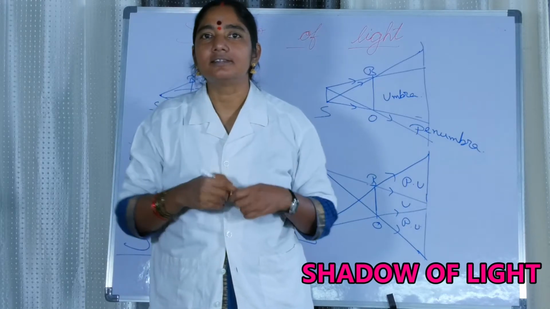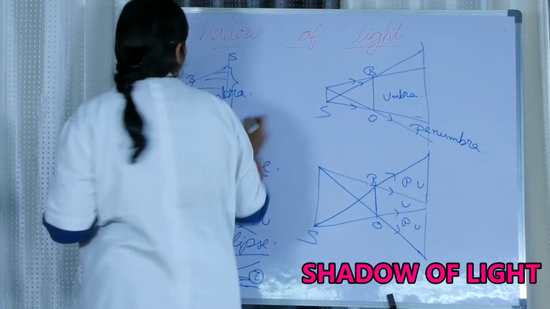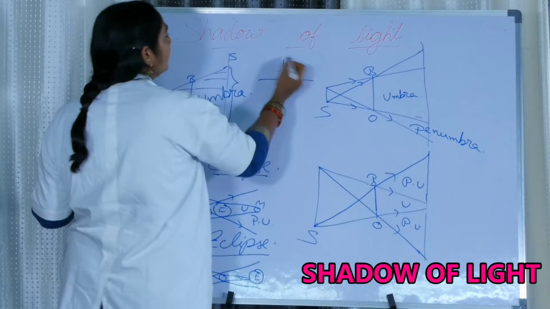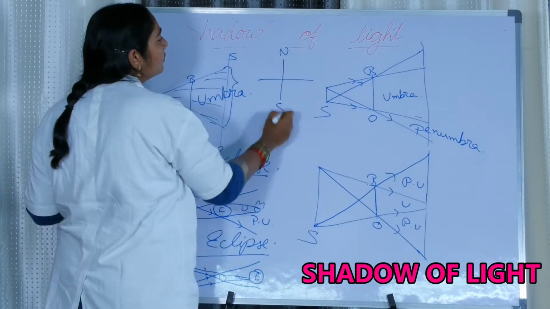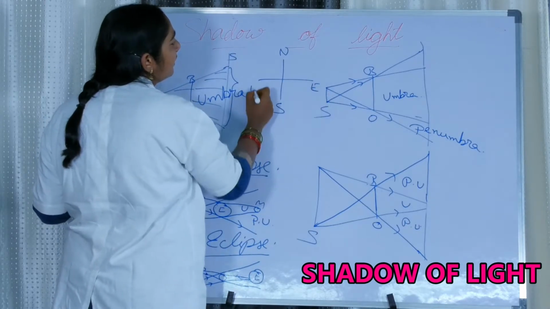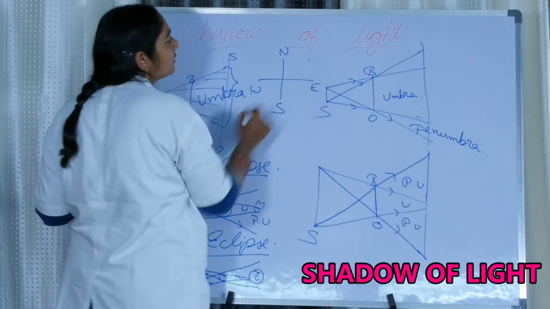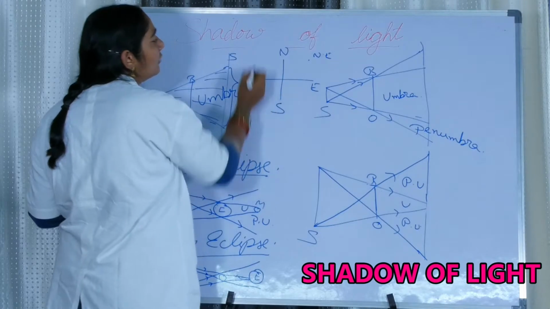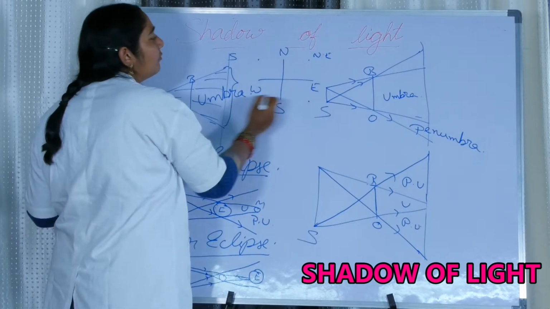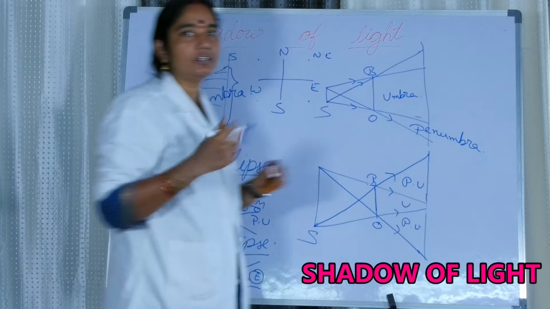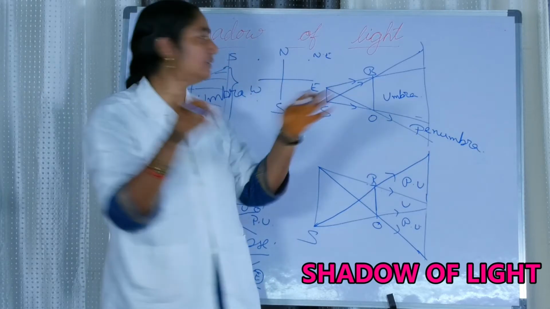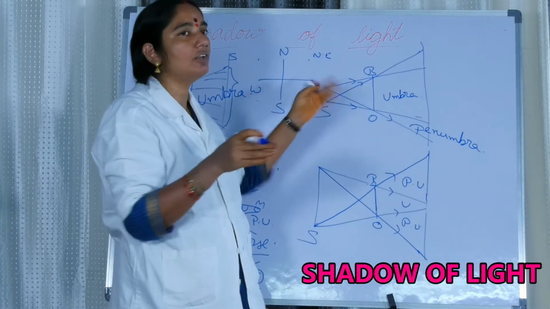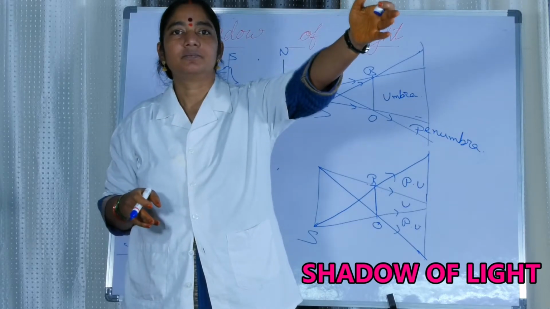And the corners: generally, when north, south, east and west are there, we have another four corners. The corner towards north and east we call northeast.